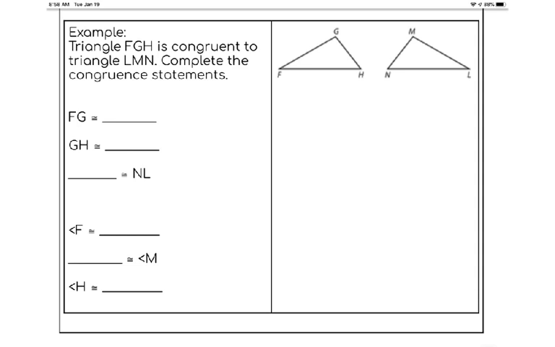Side FG, and the thing to pay attention to is that figures may be turned in a different direction, is congruent to ML, or LM in this case. GH is congruent to MN. I'm putting lines above them to represent that they are sides. Then NL is congruent to HF.